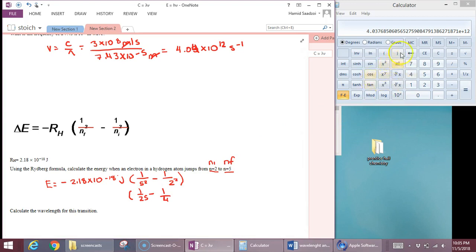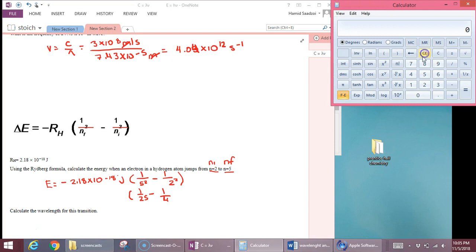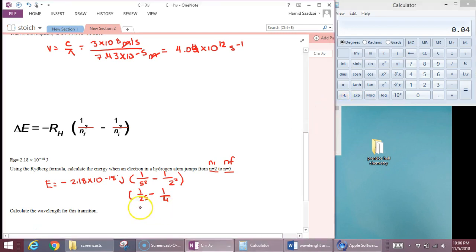So we're going to go over here to our calculator and figure out what those numbers are. So CE 1 divided by 25 gives us 4 times 10 to negative 2. We want to have that as simple numbers. So this is 0.04 minus this is just 0.25.